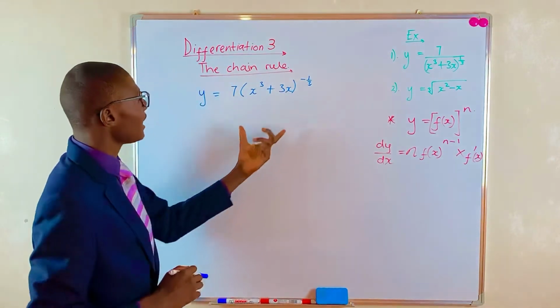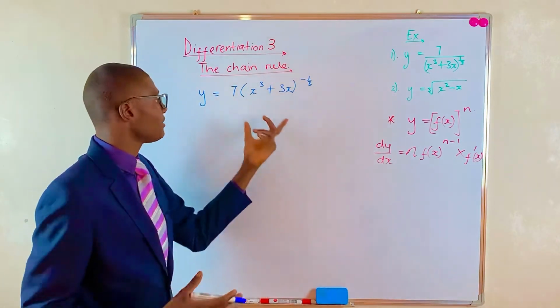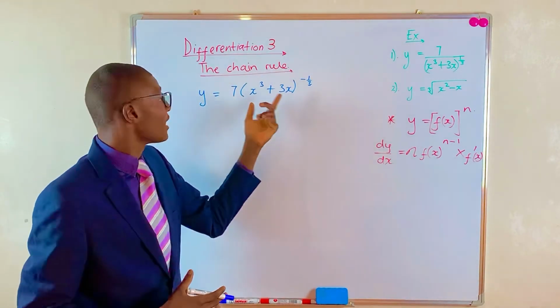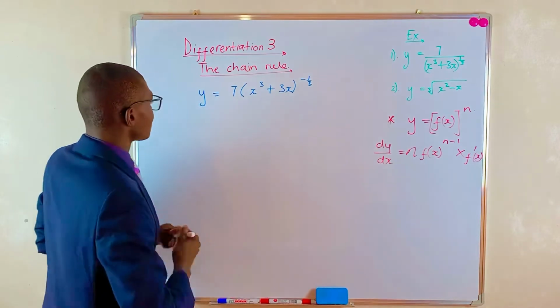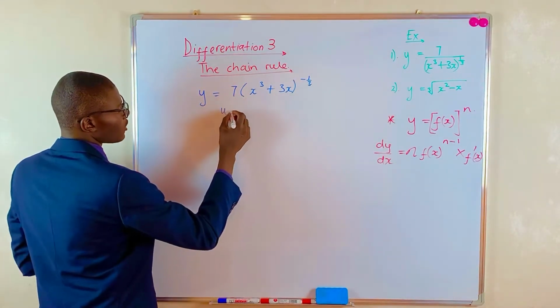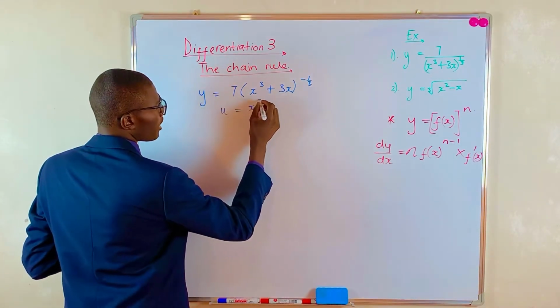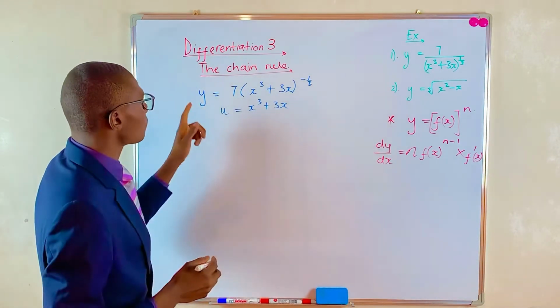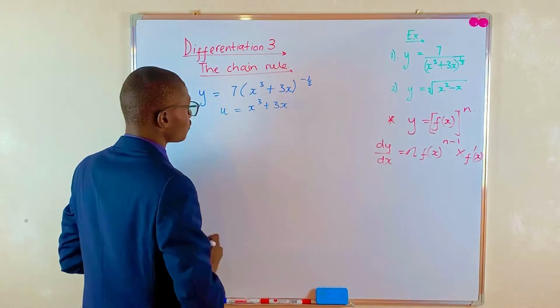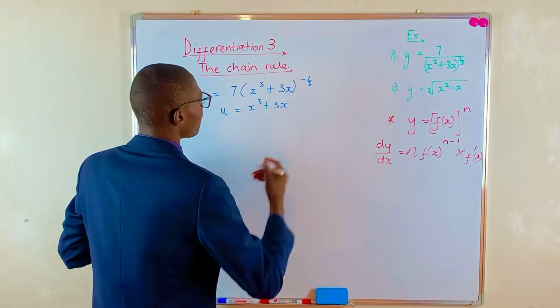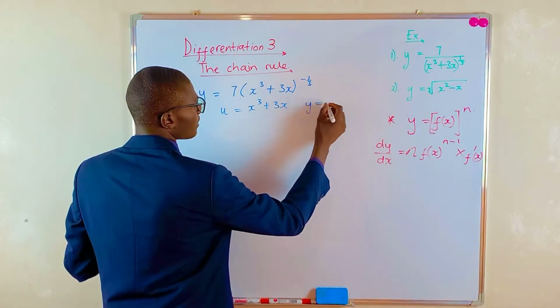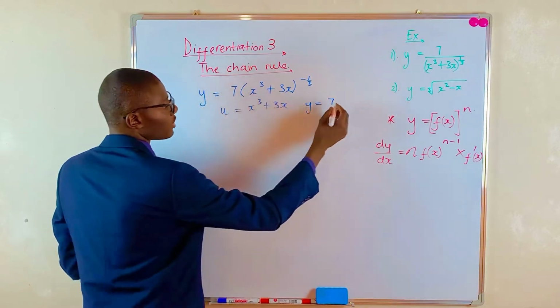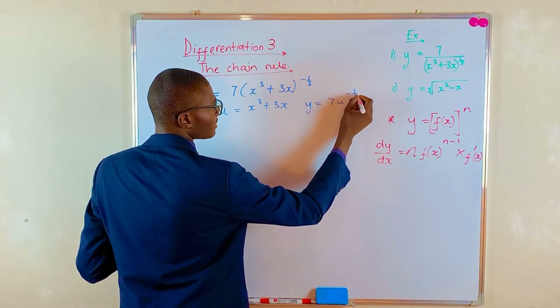And this is by substitution. So we shall say let u, any letter, be this cubic function, x^3 + 3x. So let's say u is equal to x^3 + 3x, such that y would now be equal to 7u to the power of minus 1/3.